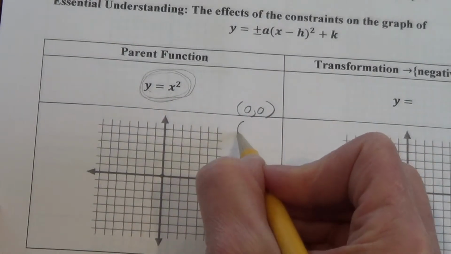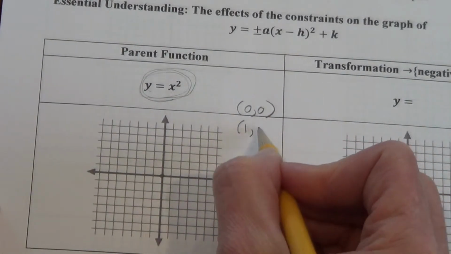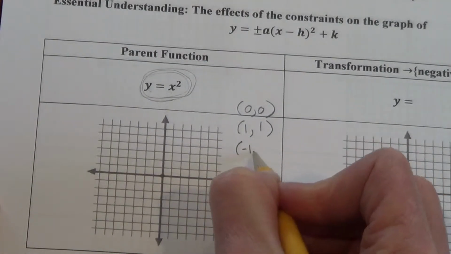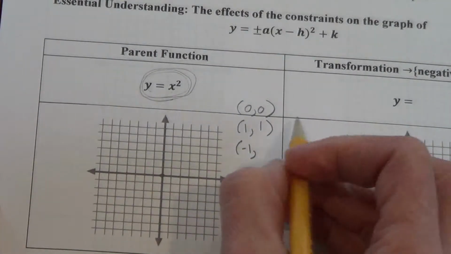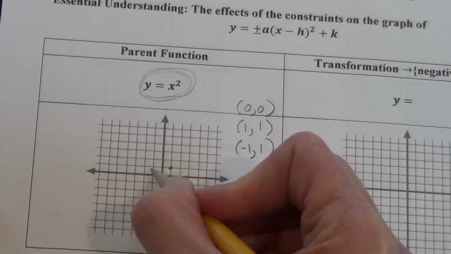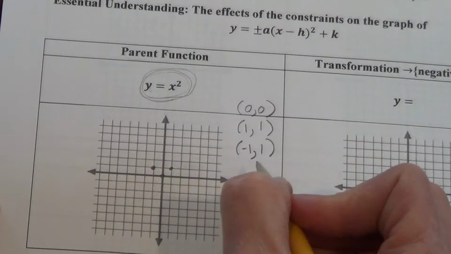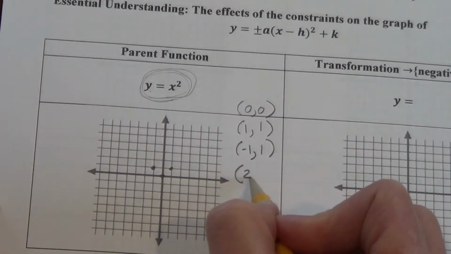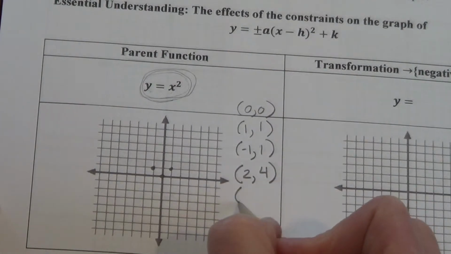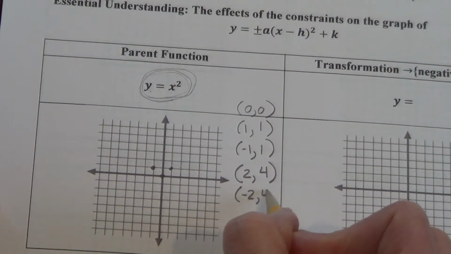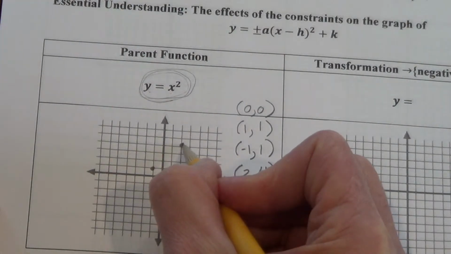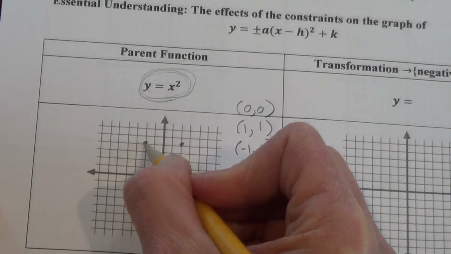Now if we plug in 1 for x, 1 squared is 1, so we would have 1, 1. In addition, if we plug in -1, -1 times -1 is 1, so we would have -1, 1. If we plug in 2, 2 squared is 4, and -2 times -2 is 4, so out here at 2, we come up to 4.